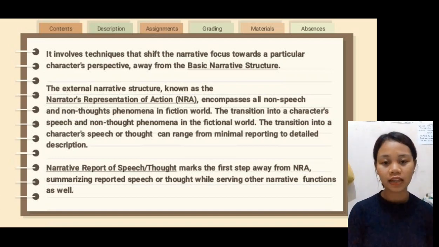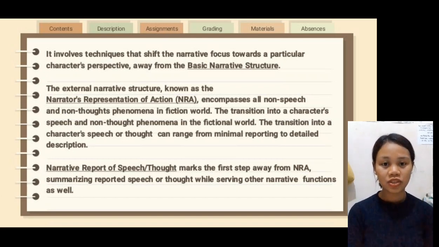The external narrative structure, known as the narrator's representation of action or NRA, encompasses all non-speech and non-thought phenomena in the fictional world.